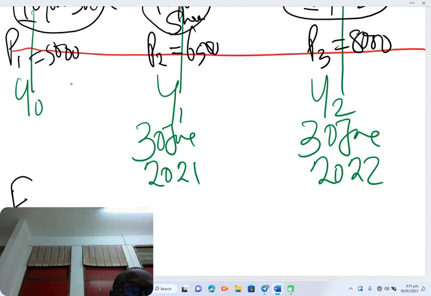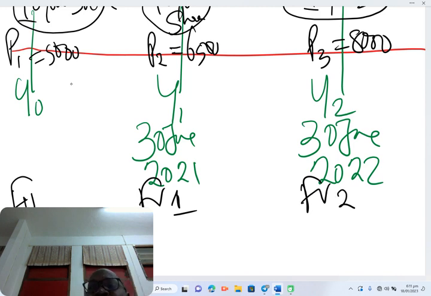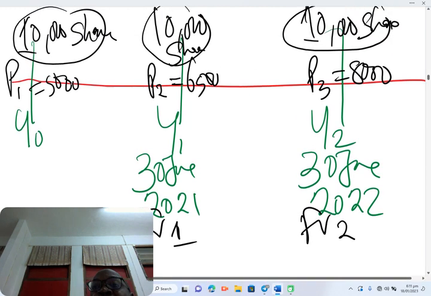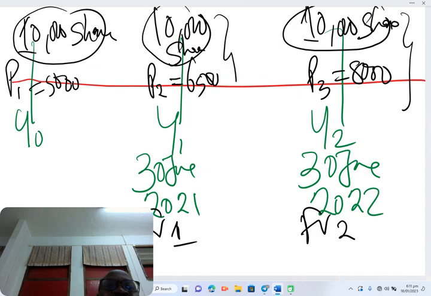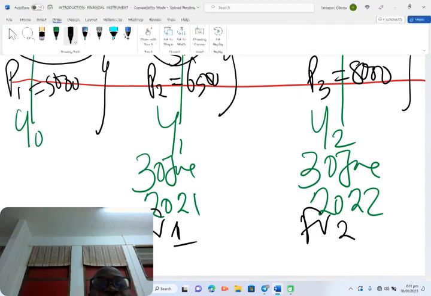What was the cost? Then fair value 1, and then fair value 2. You multiply these numbers to produce fair values.